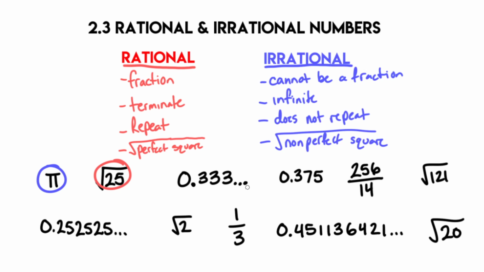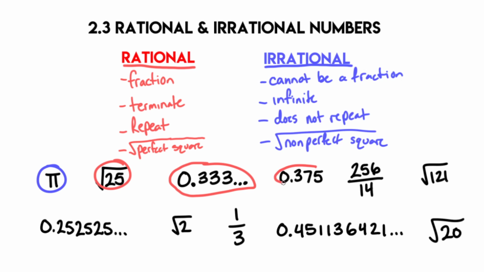0.333, and then we have what's called an ellipsis, which means the numbers here are going to continue. This number is repeating, so it's predictable, so this is a rational number. 0.375 is a decimal that is terminating. It ends. Notice there's no ellipsis here.